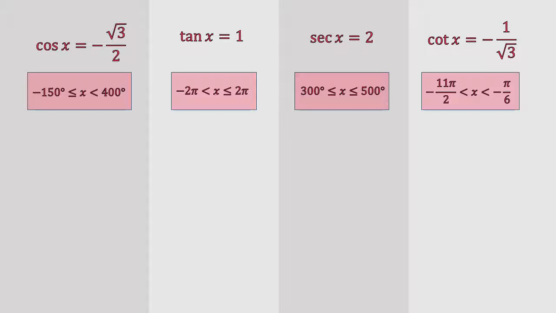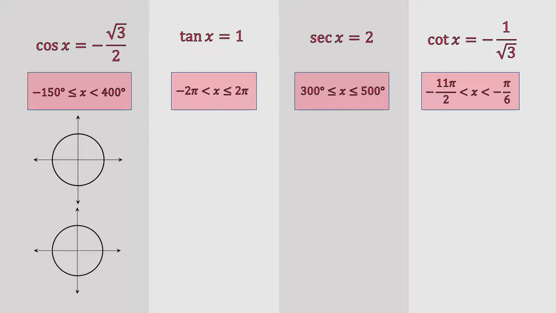Beginning with the first, the absolute value of the ratio root 3 by 2 is the cosine of 30 degrees, the base angle, which we shall make use of very soon. Visualizing the given interval into two parts, the negative part till minus 150 degrees inclusive of minus 150 degrees and the positive part till plus 400 degrees excluding 400 degrees, we focus our attention on the second and third quadrants, where cosine is negative.